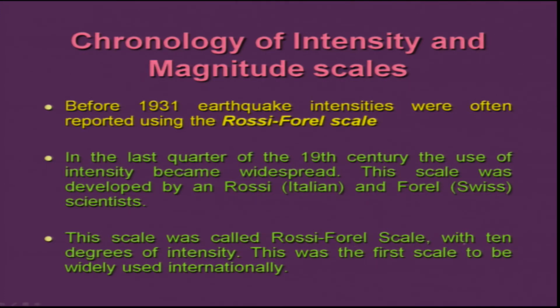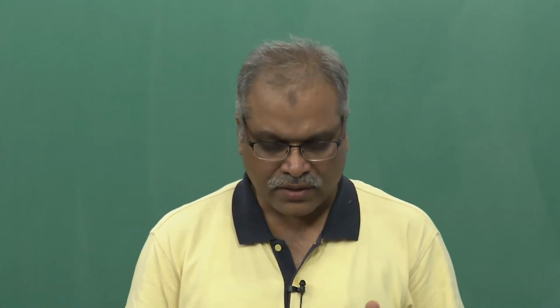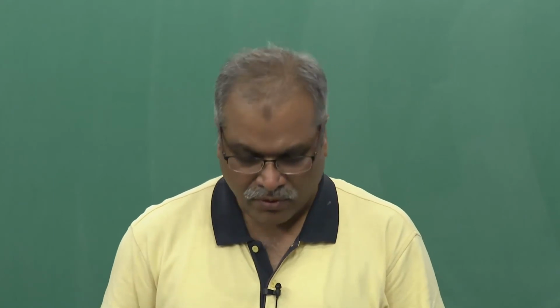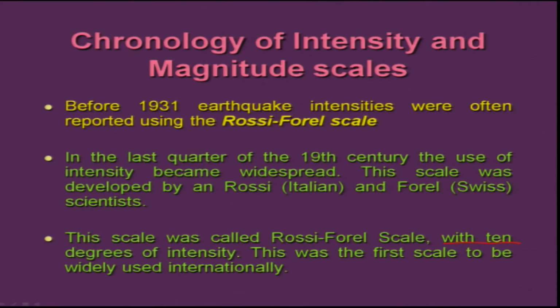Now the most important part was that this came with 10 degrees of intensity, so 1 to 10 was given. So before 1931, this earthquake intensity scale was there.